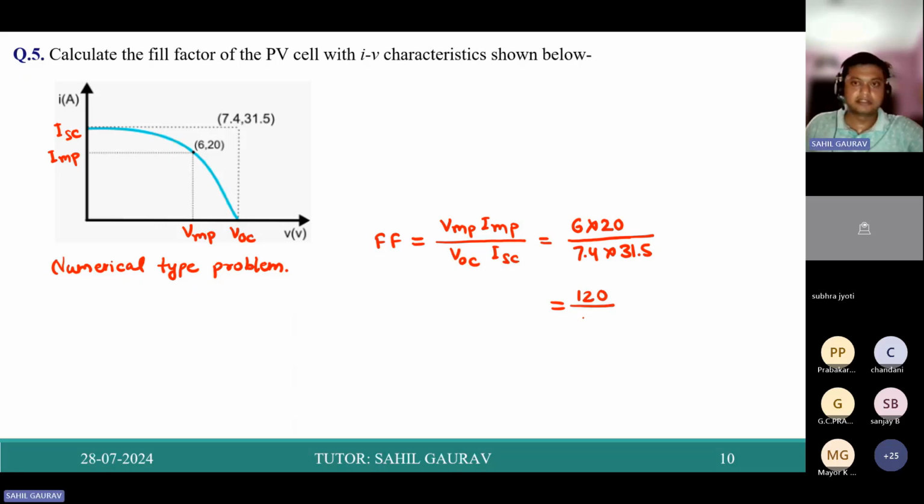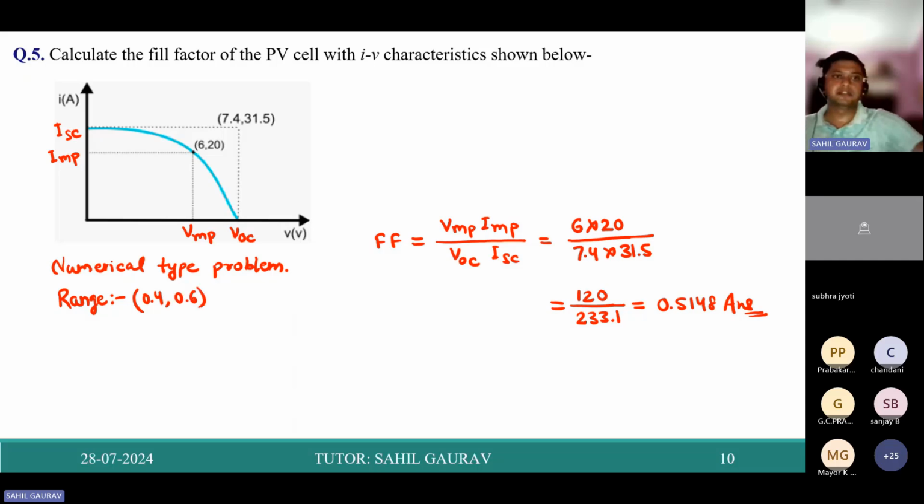So if you solve this, it becomes 120 upon 253.1, which gives you 0.5148. The answer for this problem is given in a range. The range is given as 0.4 to 0.6.